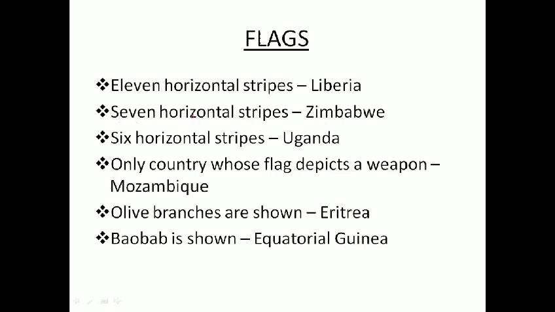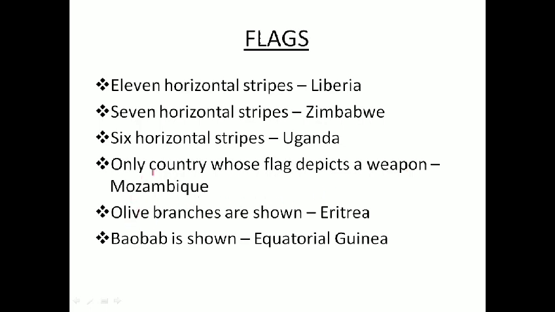Now, 7 horizontal stripes you find on Zimbabwe, whereas 6 horizontal stripes you find on the flag of Uganda. The only country whose flag depicts a weapon, the AK-47, is Mozambique.